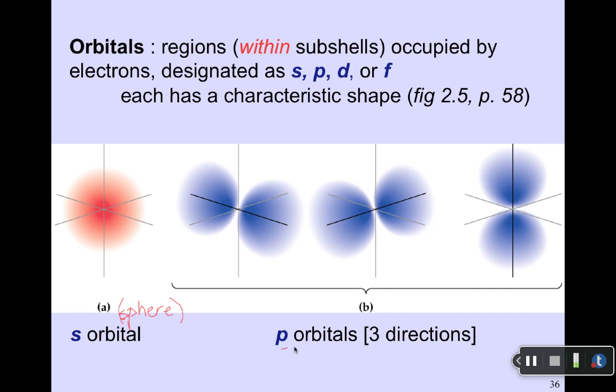And there are three different p orbitals going in different directions, as though they would be the x, the y, and the z-axis orientations for those three p orbitals within the subshells for a particular shell. They will be described with s, p, d, or f. The d and f ones we will not describe in more detail.